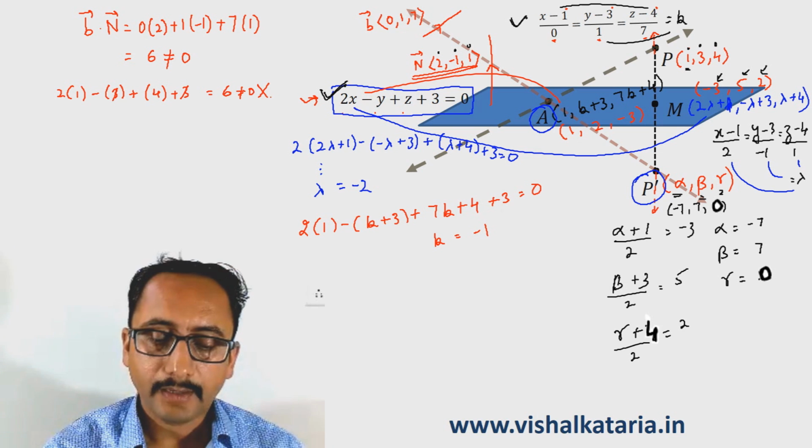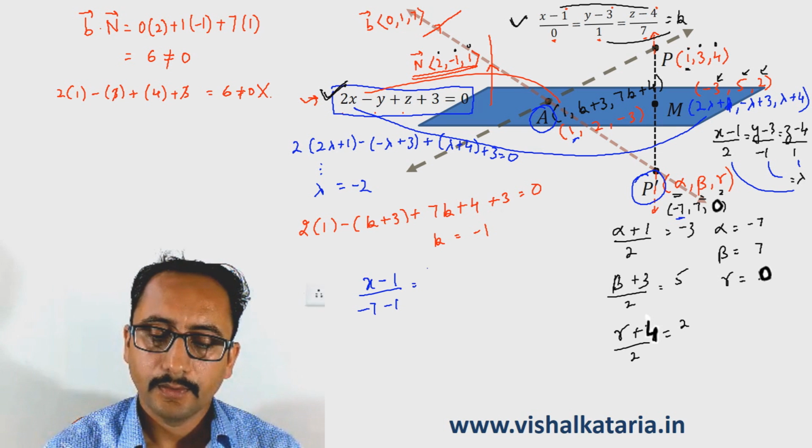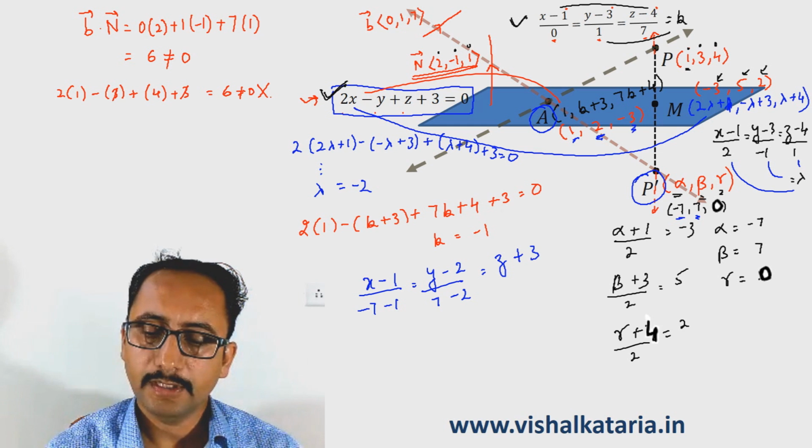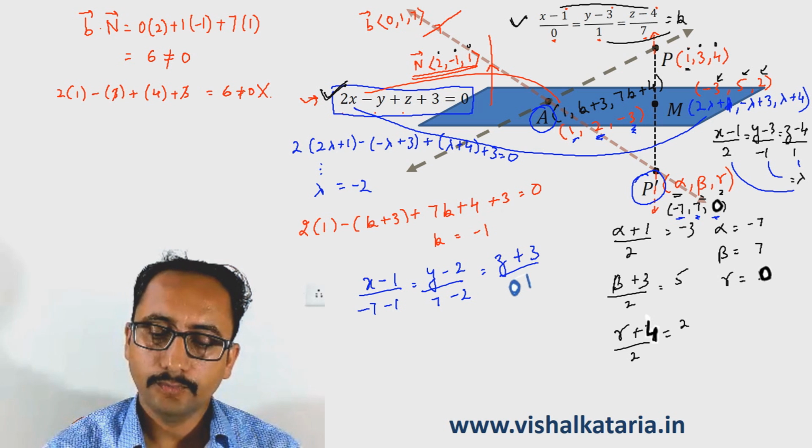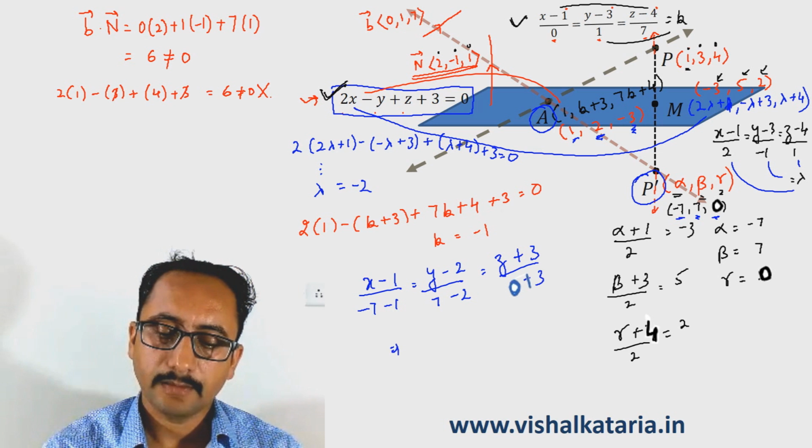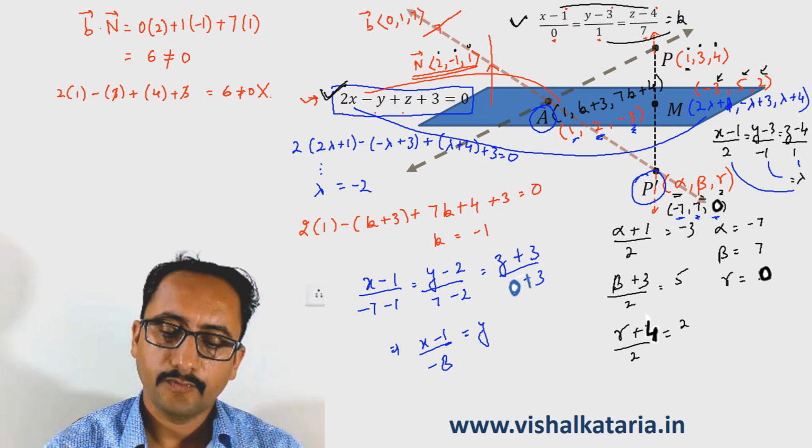So ultimately our equation will be (x minus 1) upon (minus 7 minus 1) equals (y minus 2) upon (7 minus 2) equals (z plus 3) upon (0 plus 3), which is nothing but (x minus 1) upon minus 8 equals (y minus 2) upon 5 equals (z plus 3) upon 3.